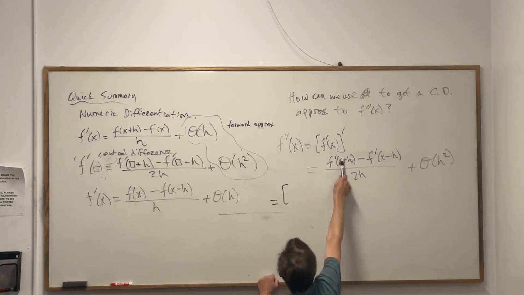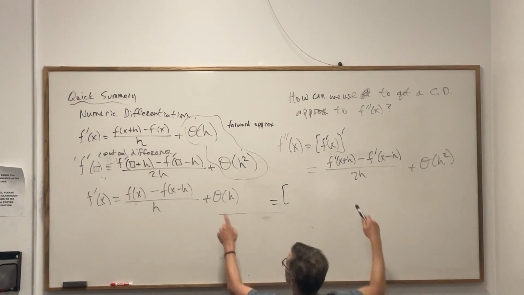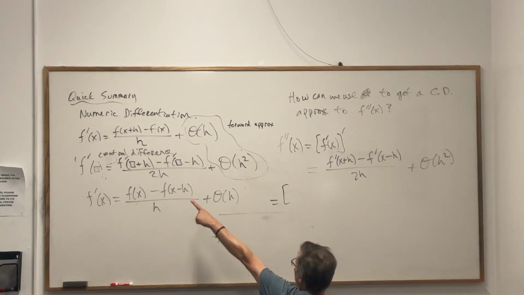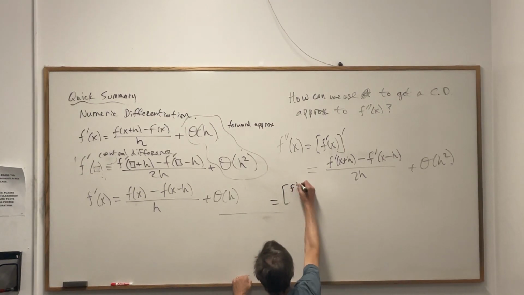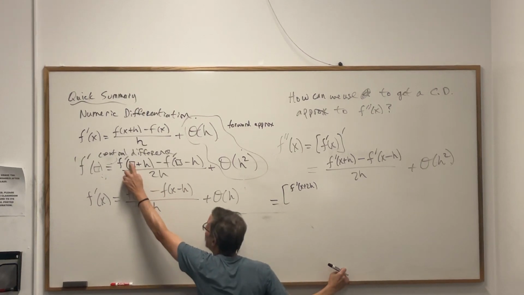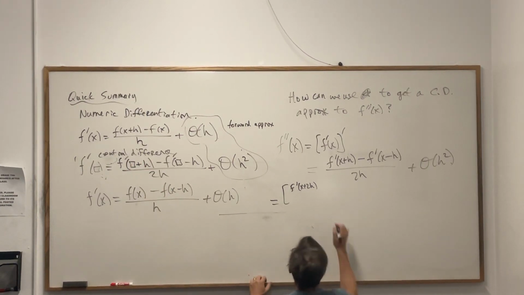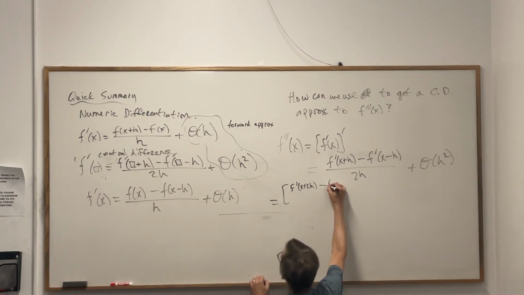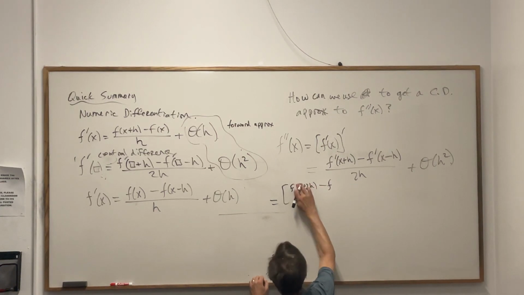Alright, so for this one, I'm going to replace every x with x plus h. So this is going to become f prime at x plus 2h. Because I'll get an x plus h in here. What's this next piece become? And that shouldn't say f prime, this should just say f.